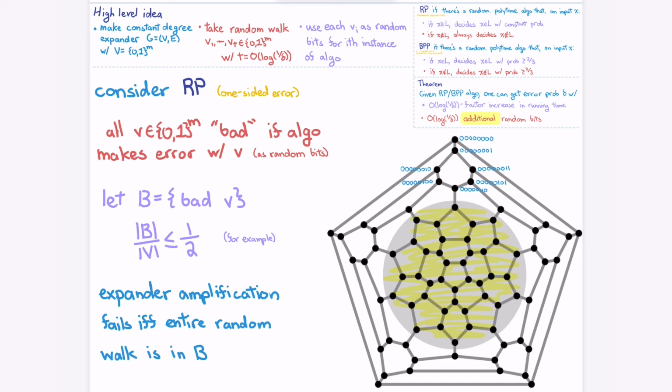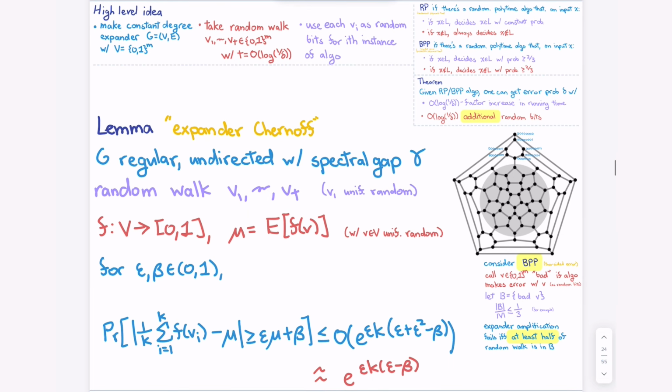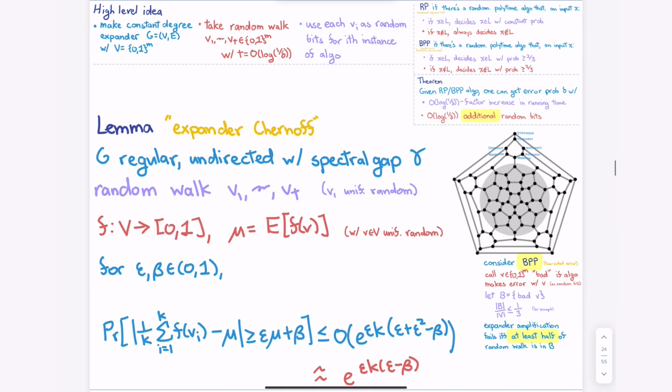Okay, so we're going to prove this. This is the only graph in history that proves an expander version of Chernoff and not the actual one. If you give me a regular graph and you have this bad region, I stated it a little bit more generally.